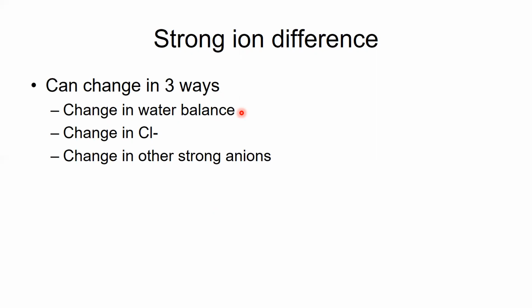And so changes in water balance will affect the concentration of sodium. It will also affect the concentration of chloride. But chloride can also act on its own, as we have discussed. And then there can be changes in other strong ions, such as lactate and ketones and uremic acids.